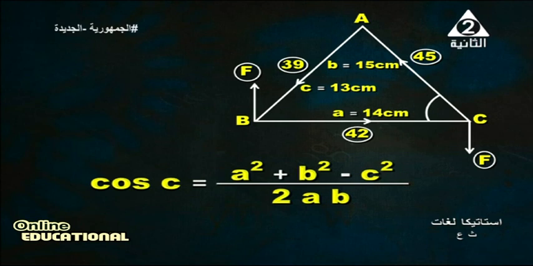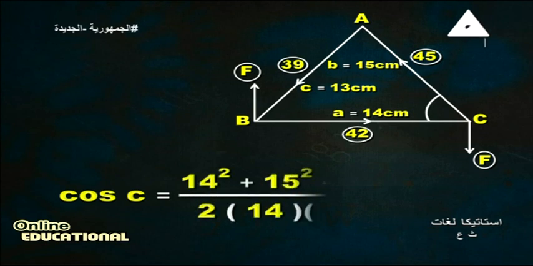This is the rule to calculate angle C by using the cosine law. Remember, A is the side opposite angle A, B is the side opposite angle B, and C is the side opposite angle C.